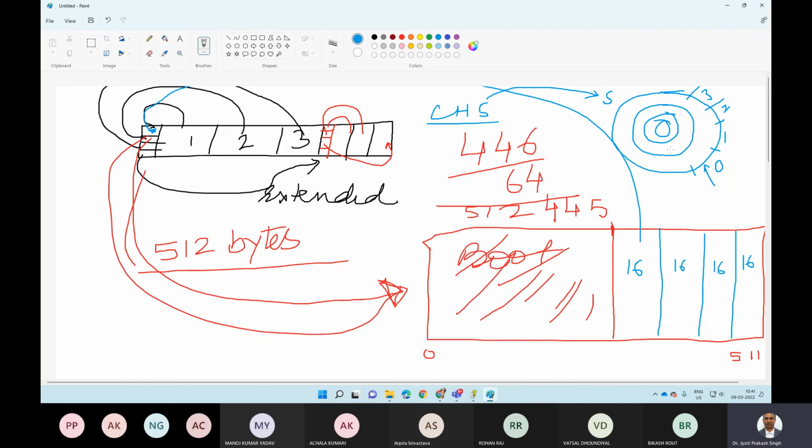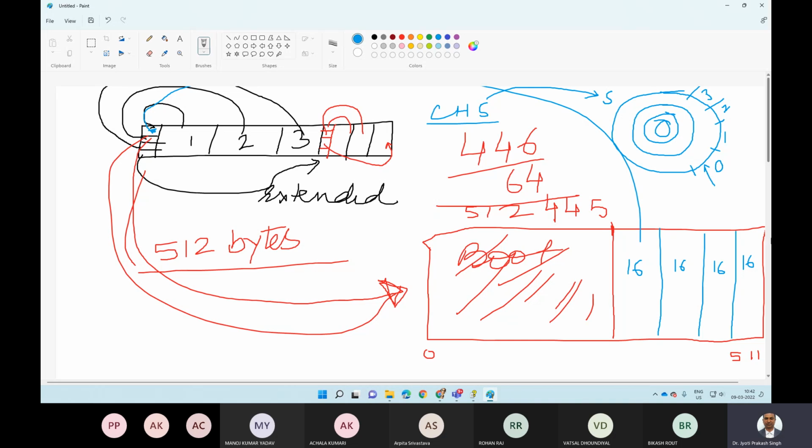Then we have heads. We know that these disks are platters, several platters kept one after another. If we have 8 platters, and these platters are addressable from both sides, so we can write data on a plate on top as well as on bottom, that means we will have 16 heads.